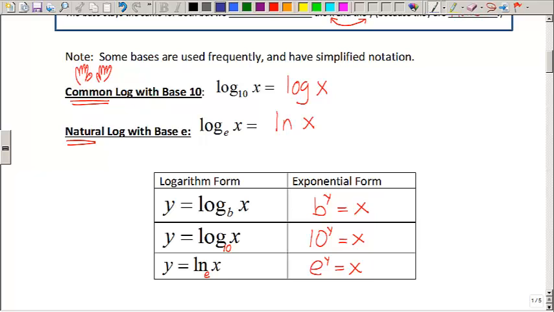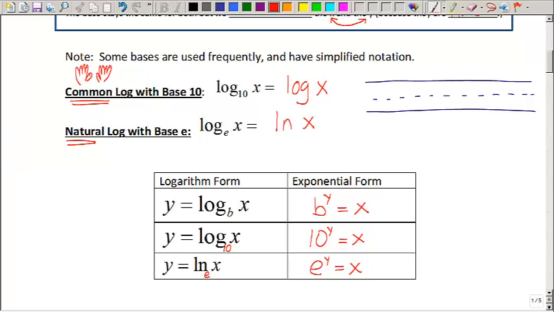Before we move on, I want to make one more little comment here. Do you guys remember that paper from kindergarten with the big fat lines, and then you had this dotted line here in the middle? I bring out this elementary school paper because I want to make sure that you're putting your bases and your exponents in the correct place, either sub below the line or super above the middle line.